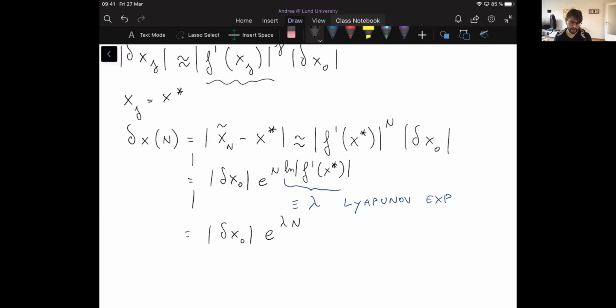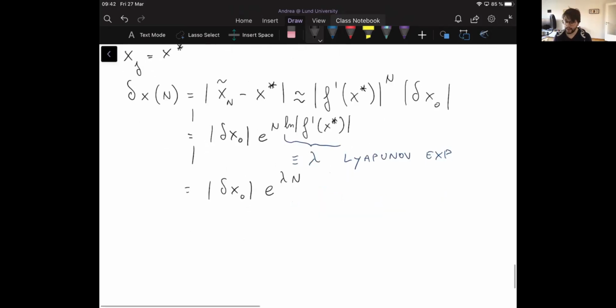In some cases, and we probably will not see it today, even though I plan to, in the case of the tent map, for example, one can define a map where this lambda can be easily calculated analytically, and then you can study the chaos in its simplest form.